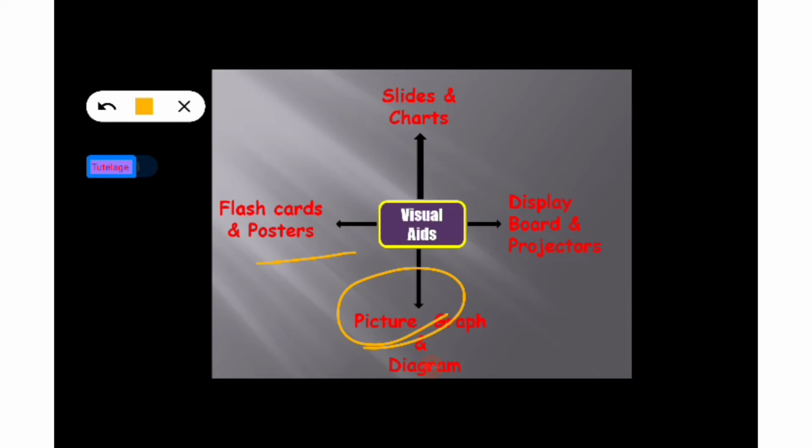Students can be given homework assignments to prepare posters or pictures on a particular topic, or it can be planned as a classroom activity. A poster making competition can be arranged to enhance the creative thinking and drawing skills of the students.